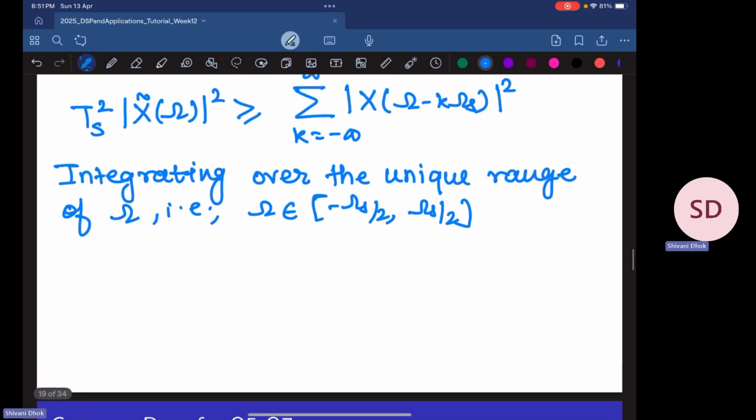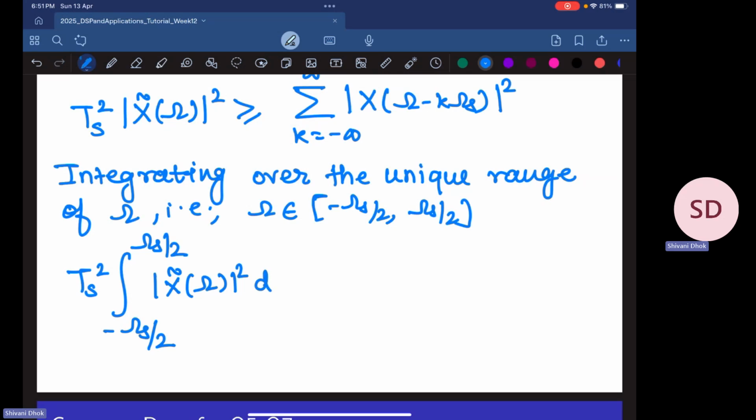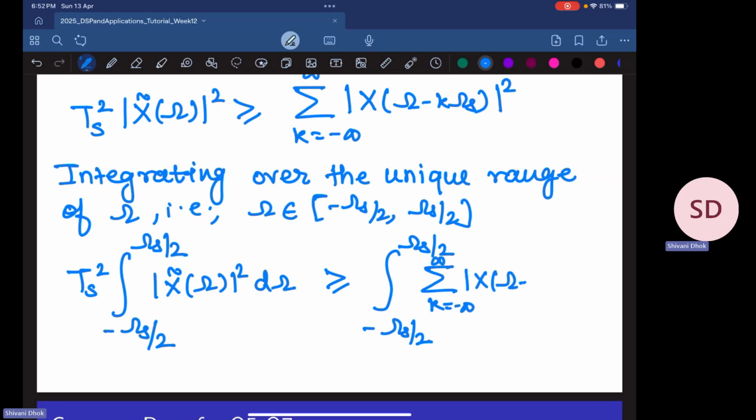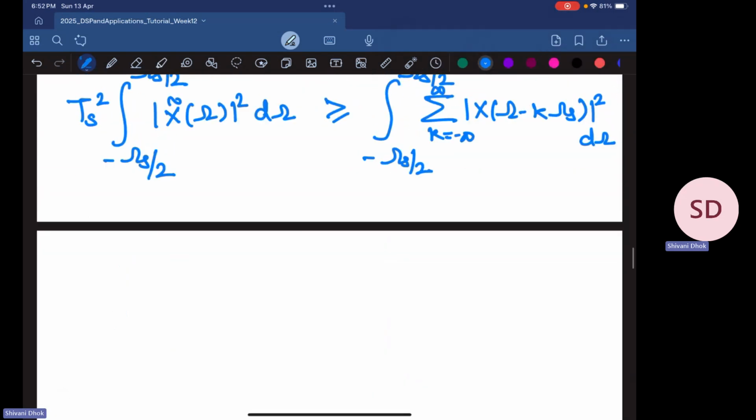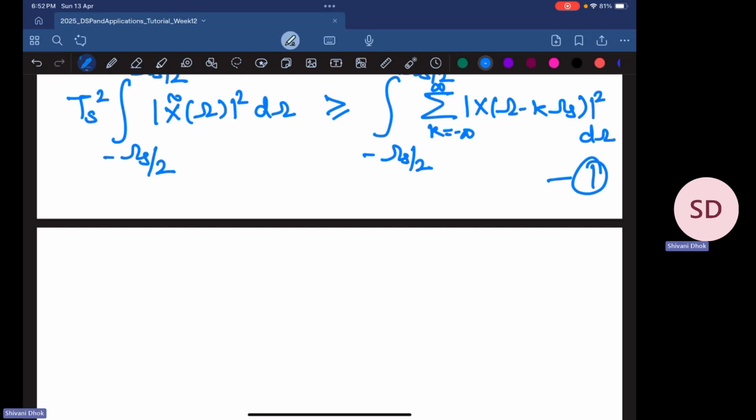So what I get is Ts square integral minus omega s by 2 to omega s by 2 magnitude of x tilde of omega square d omega is greater than or equal to integral minus omega s by 2 to omega s by 2 of, sorry, there's a summation here which I forgot, summation over k equal to minus infinity to infinity magnitude of x of omega minus k times omega s square d omega. Let me number this as my equation 1.